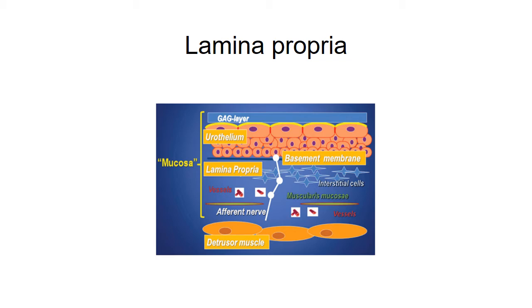It contains a diffuse plexus of unmyelinated nerve fibers, blood vessels, myofibroblasts, collagen, elastic fibers, proteins, etc. The myofibroblasts modulate the physiological interaction between the urothelium and the detrusor smooth muscle.